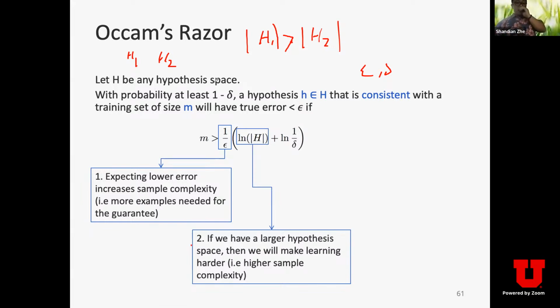So to achieve the same performance, epsilon and delta, the smaller the hypothesis space, meaning the simpler the model you use, the fewer training examples you will need. That means you will save more cost. That's why we favor simpler models.